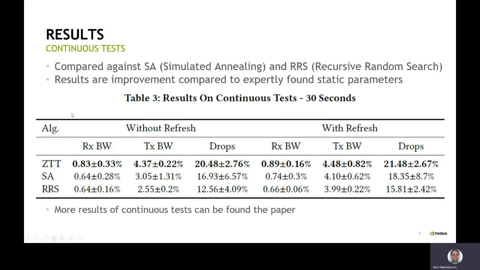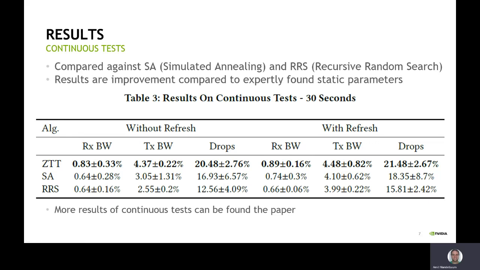And what we can clearly see is that ZTT is able to outperform all the other algorithms and is able to significantly outperform the static parameters. The other algorithms are also able to outperform the static parameters, which shows that static configuration is indeed not good when the traffic patterns are changing, but ZTT has a significant advantage over other algorithms like simulated annealing and recursive random search.